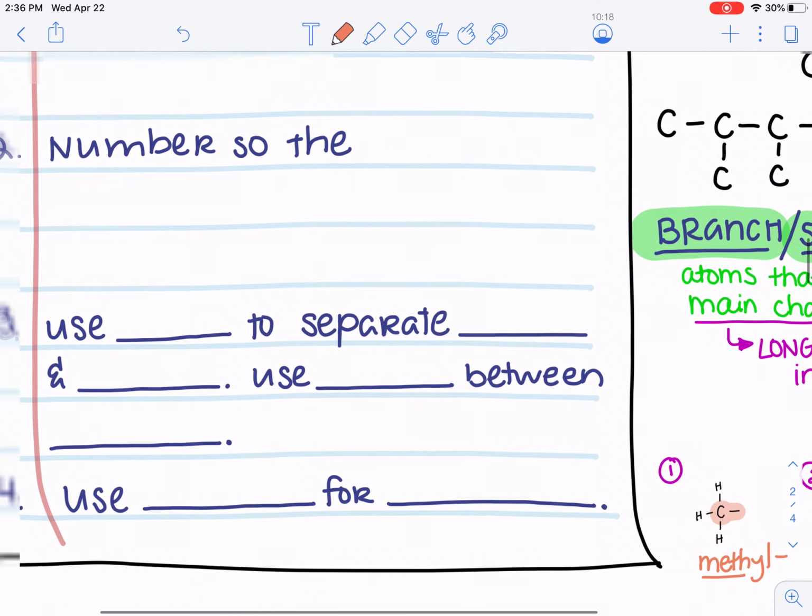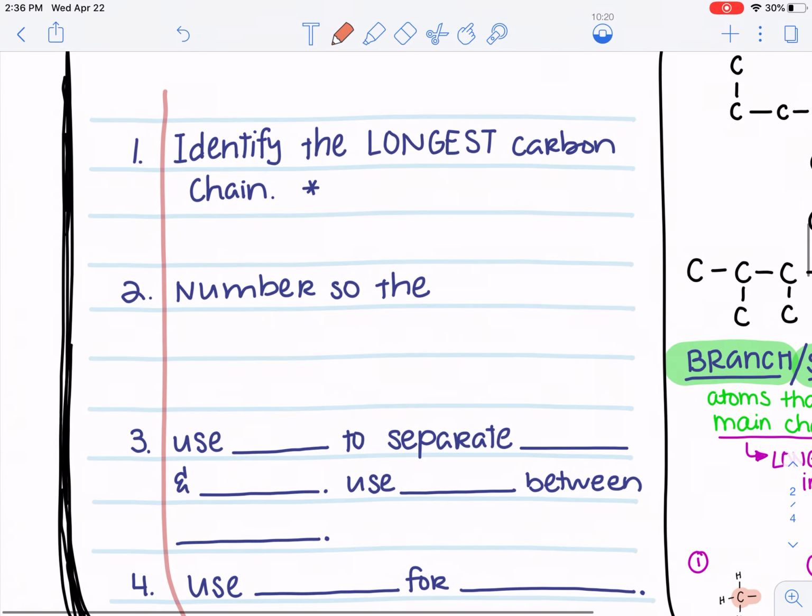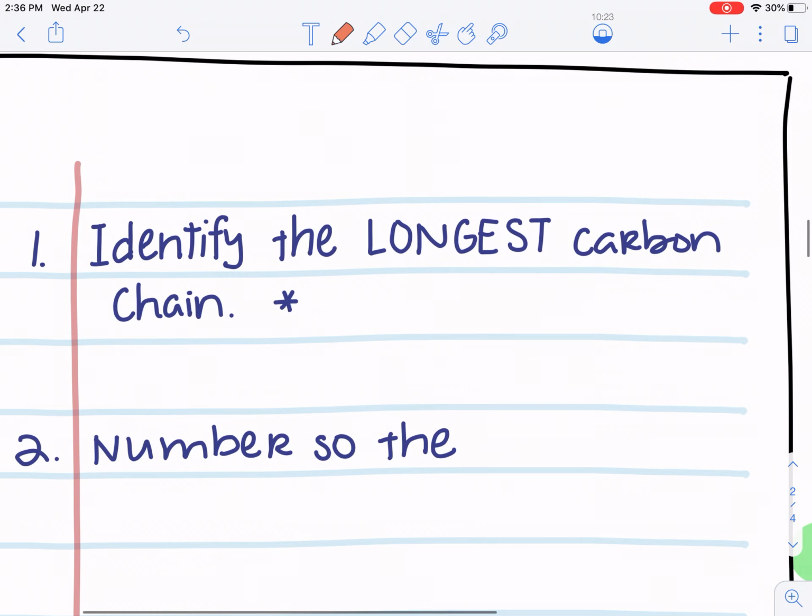Okay, we have some guidelines. I don't know that these are necessarily rules or a step-by-step procedure. I'm not sure. We'll just call them guidelines. First thing, identify the longest carbon chain within the molecule. Again, note, it might not be straight.